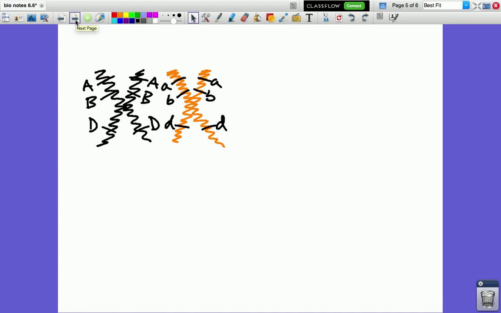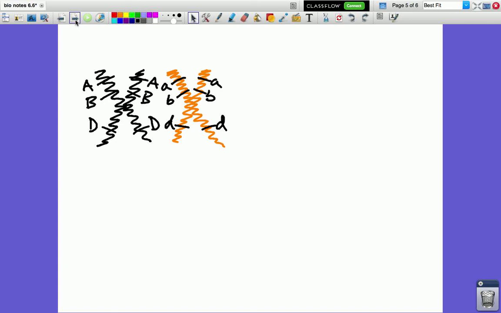So take this example. This is a pair of homologous chromosomes. You can see that there are sister chromatids that are still attached. One side of the black chromosome is identical to the other side.